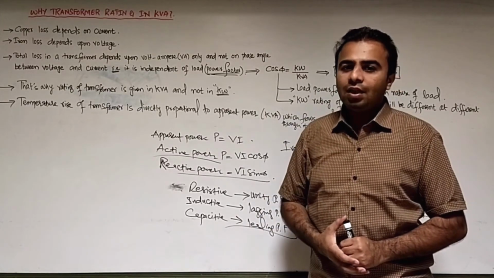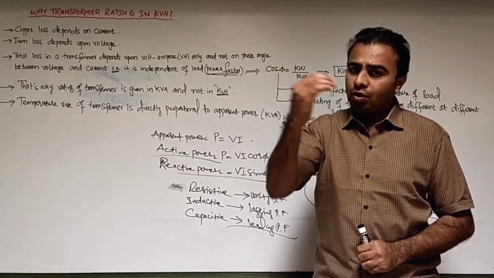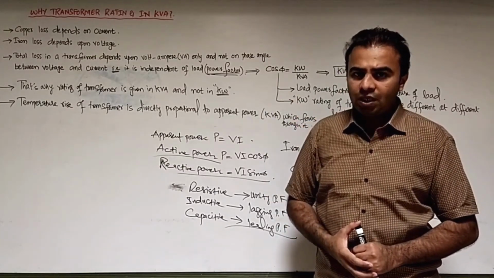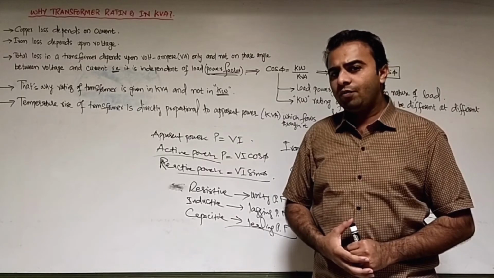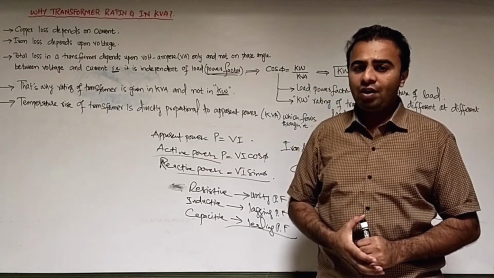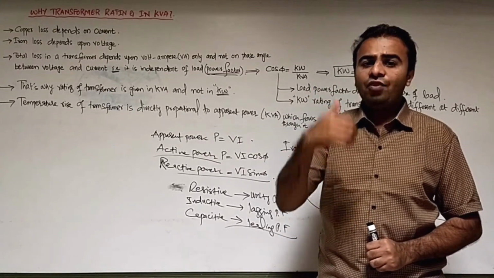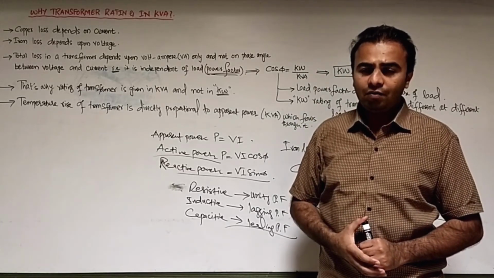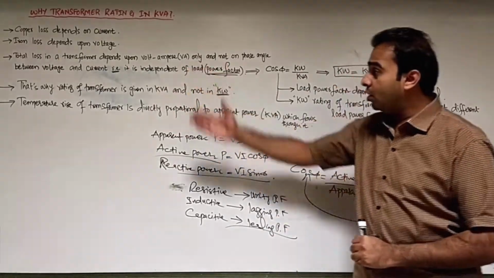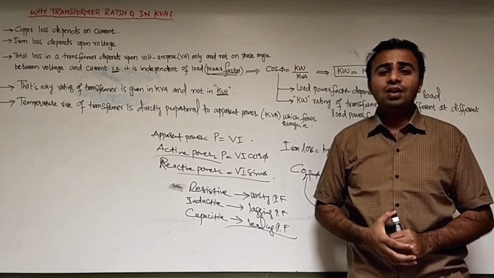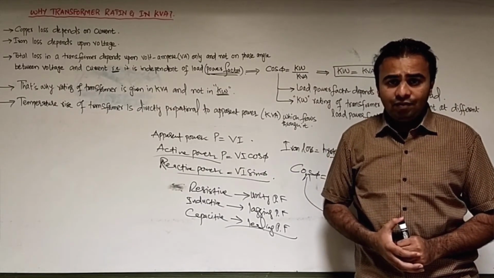If we consider the phase angle, it depends upon the active power consumption, which depends on the nature of the load and has different load power factors under different conditions of the load connected with any electrical machine. So this was the lecture regarding the transformer rated in kVA.